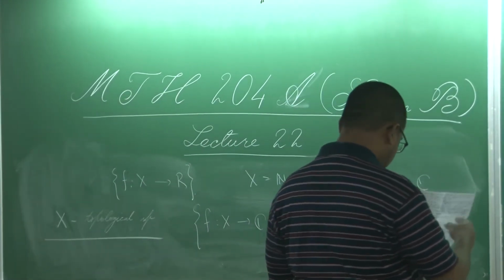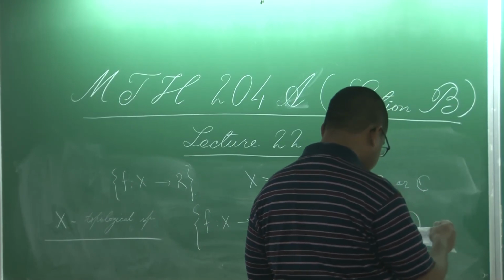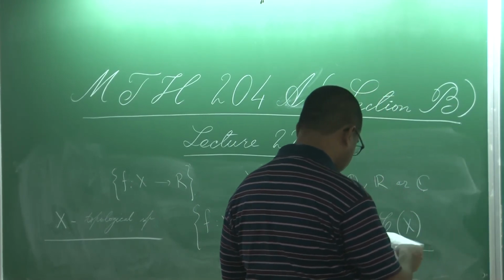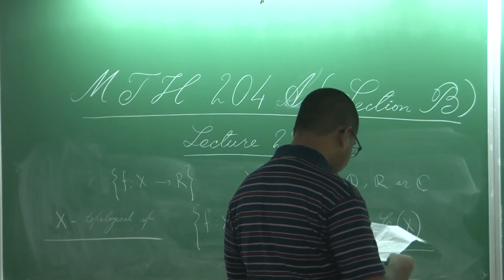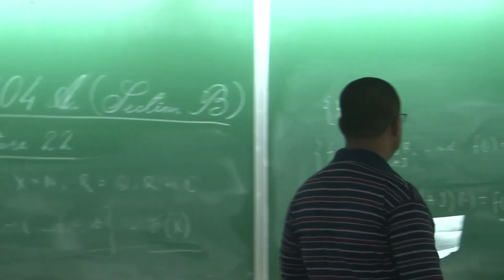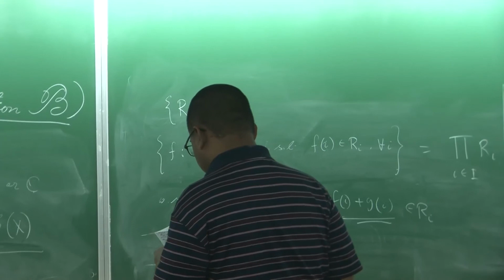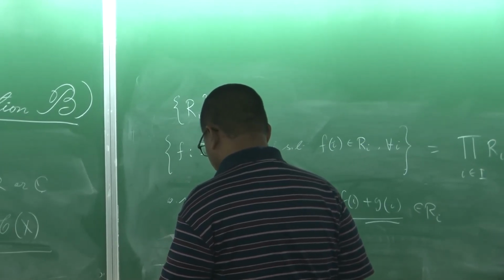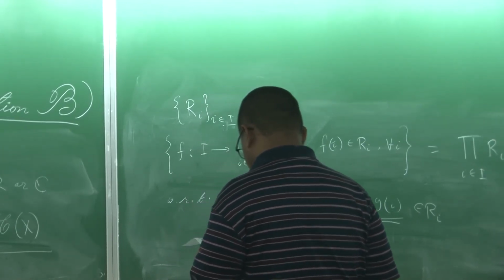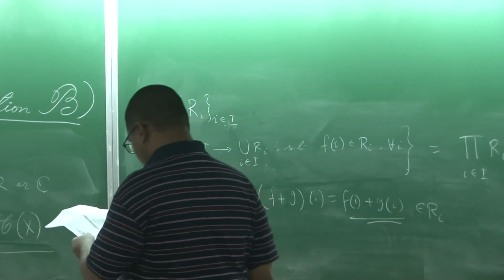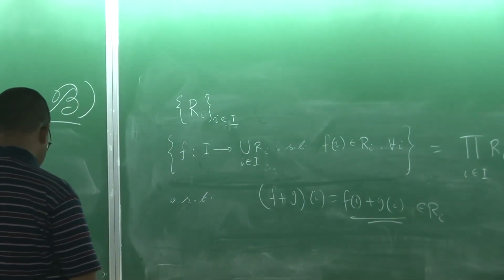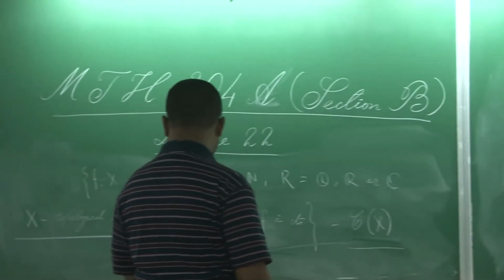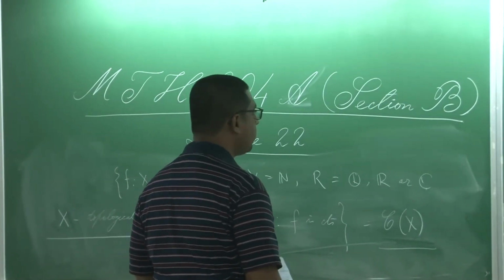Okay, now I think I am almost done. So this ring of continuous functions I have already discussed. All right, next we can talk about polynomial rings.